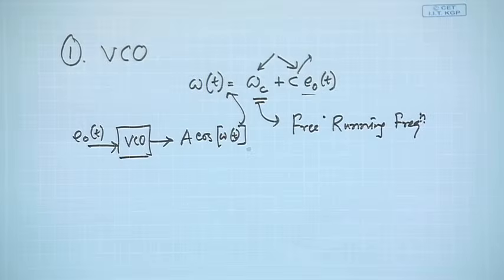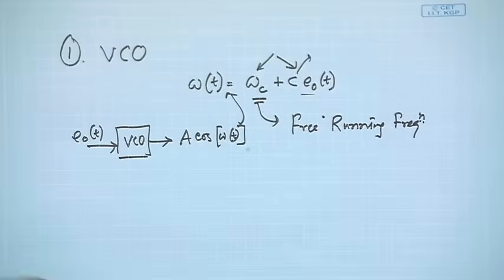That is how I will be designing the loop, you will see that later on. If I put it in a feedback loop, this error will be generated by a phase difference between the input phase and output phase. So, that can only be 0 if these two frequencies are locked.